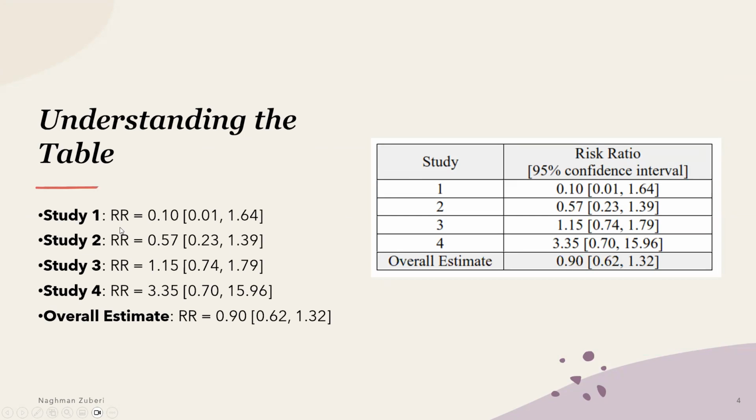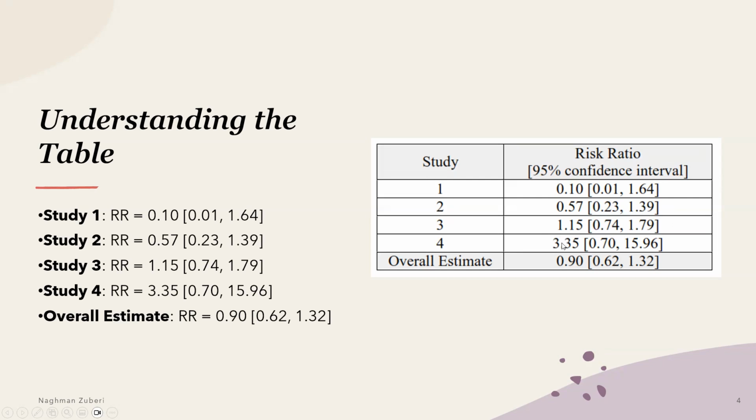Study 1, its relative ratio is 0.10 and the 95% confidence interval is 0.01 to 1.64. Study 2, the risk ratio is 0.57 and the 95% confidence interval is 0.23 to 1.39. Study 3, its risk ratio is 1.15 and the 95% confidence interval is 0.74 to 1.79.